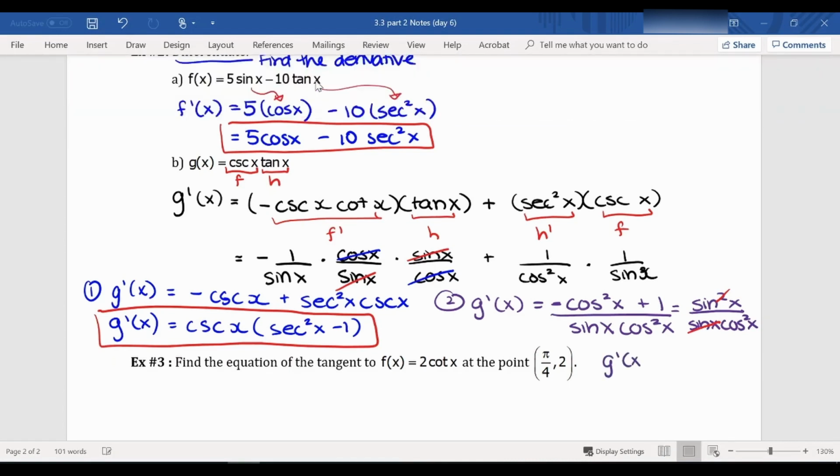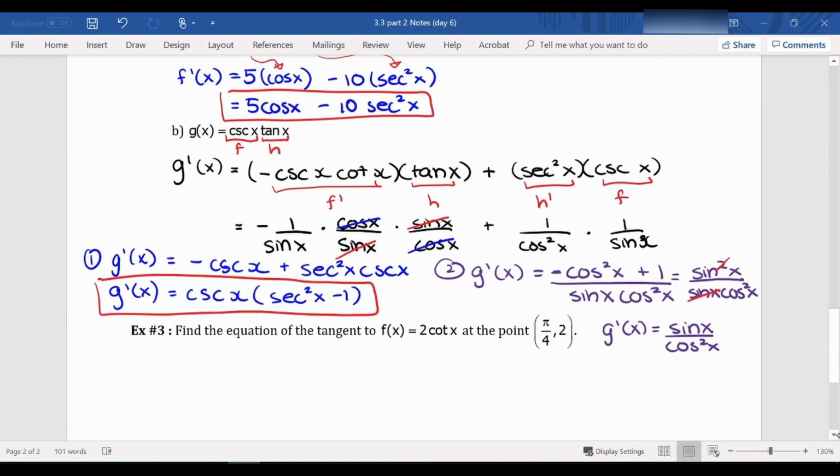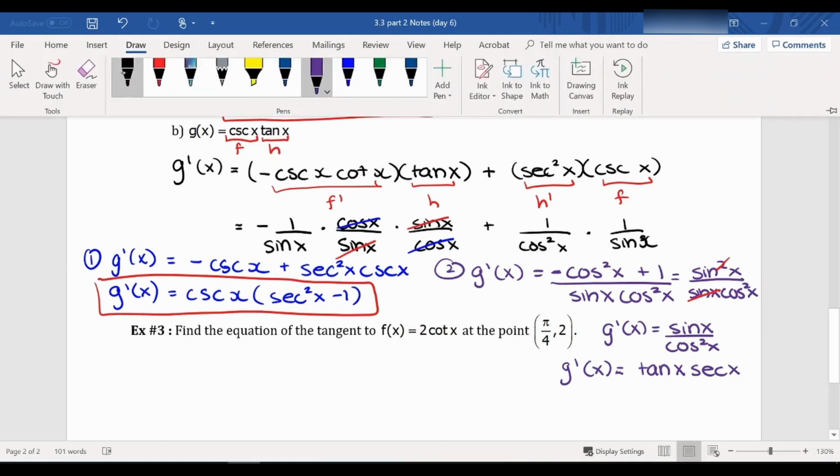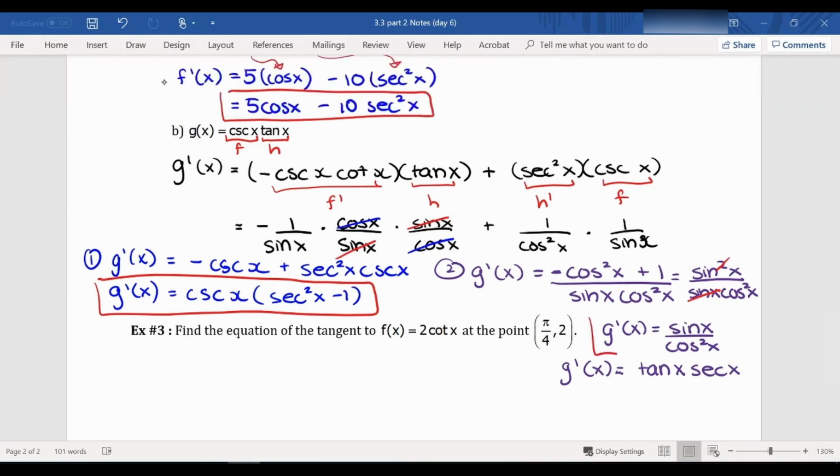And I end up with g prime equals sine x over cosine squared x. I can leave it here. I can also write this as tan x secant x. So I've got 3 good options for answers, and any of those would be considered okay.